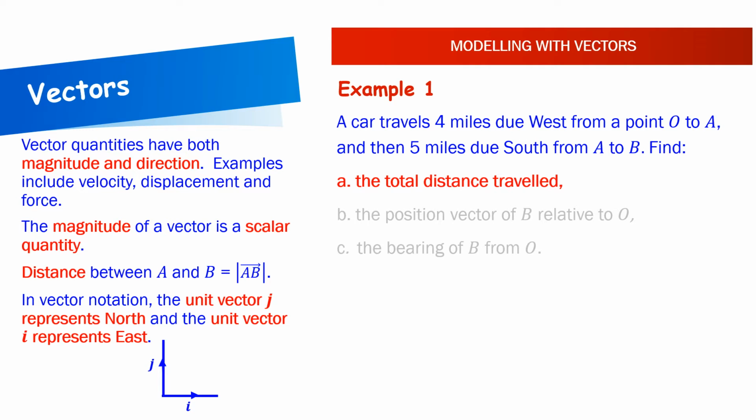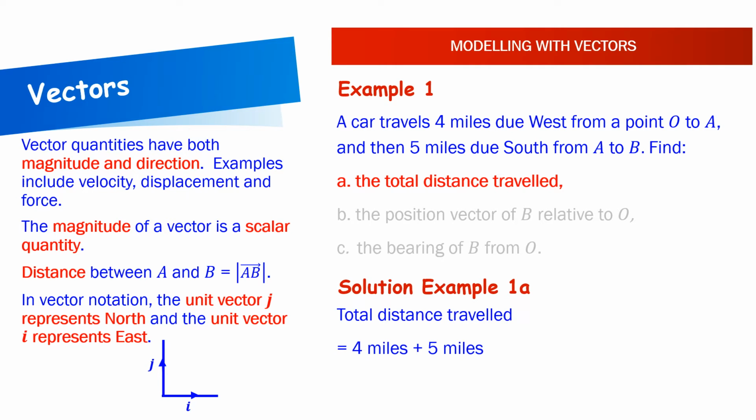We have that the total distance travelled is equal to 4 miles, because it's first travelling 4 miles due west, and then 5 miles because the car is travelling 5 miles due south, which gives us a total of 9 miles.